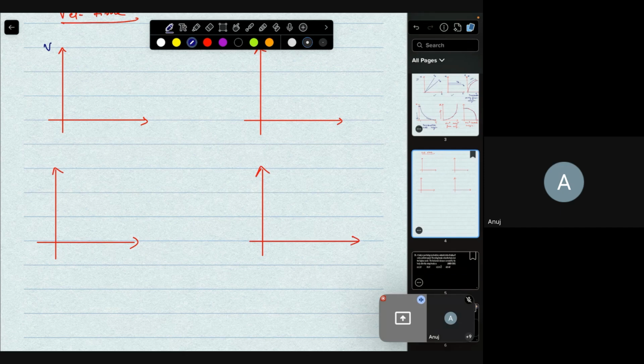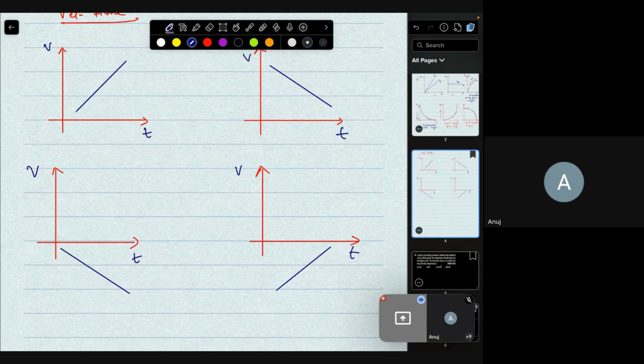VT graph, VT graph, and VT graph. So first graph is like this. Second graph is like this. Third graph is like this. Fourth graph is like this.